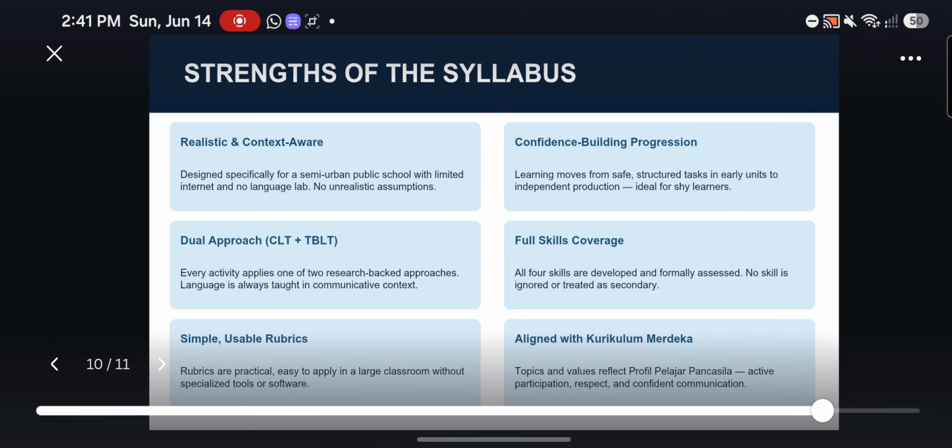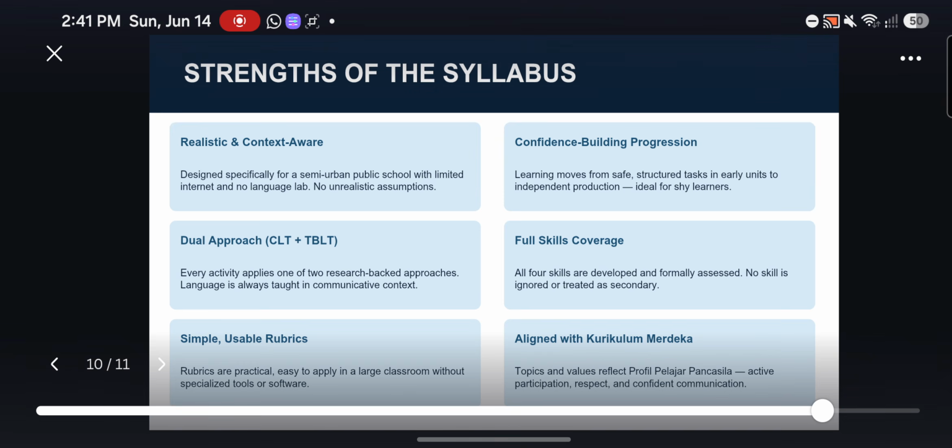Before I close, let me reflect on what I believe are the main strengths of this syllabus. First is that it is realistic and context aware. I did not assume the school has internet or a language lab. Everything works with what the school actually has.